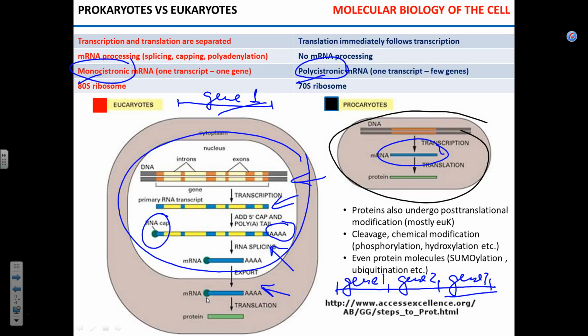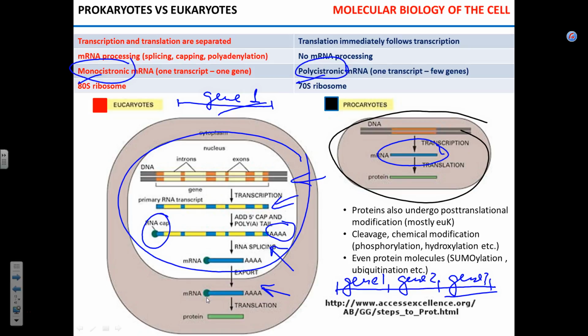Does that make sense? So you have to know the differences between eukaryotes and prokaryotes. All right? Pretty much, and explain why there is no simultaneous transcription and translation in eukaryotes. Because you have, first of all, nuclear membrane, transcription is in nucleus, translation is in the cytoplasm.